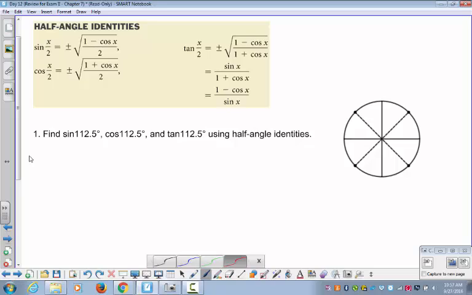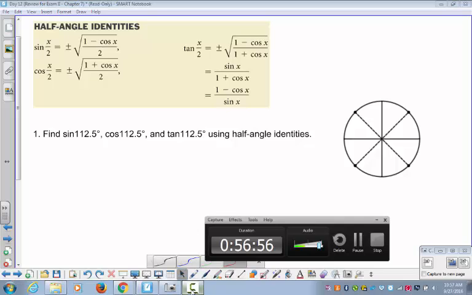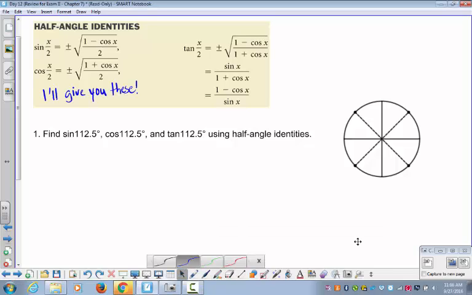Should we take a break first? Half angle identities seem to be twice as hard. So let's take a break. These ones I will generously provide to you for a small fee. Come to the exam, and you shall be provided. What's that?